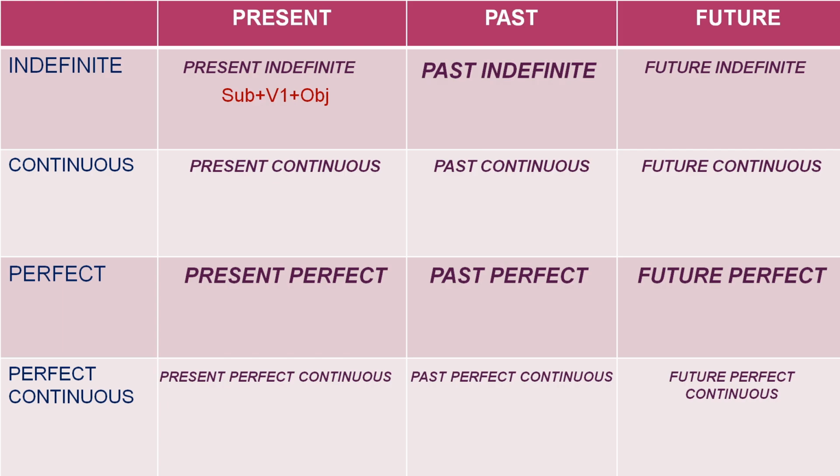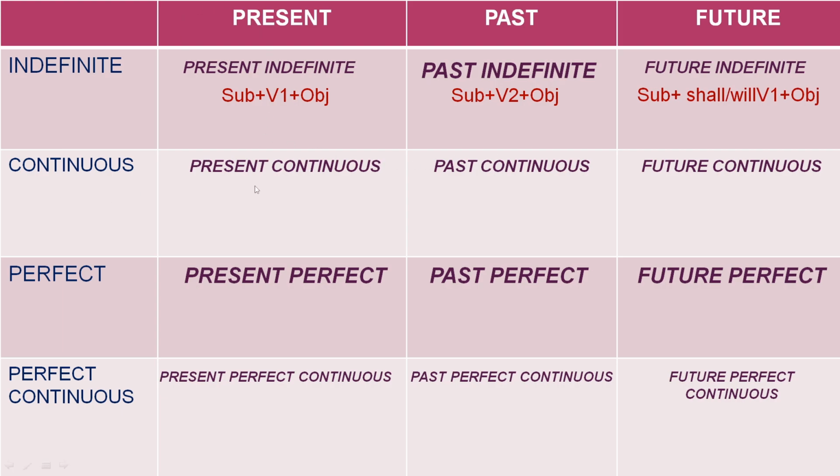So in the present indefinite sentence, the sentence structure will be subject plus V1 plus object. In the past indefinite, the sentence structure will be subject plus V2, that means past form, plus object. In future indefinite, that means simple future tense, the sentence structure will be subject plus shall or will, then V1, then object. Then present continuous.